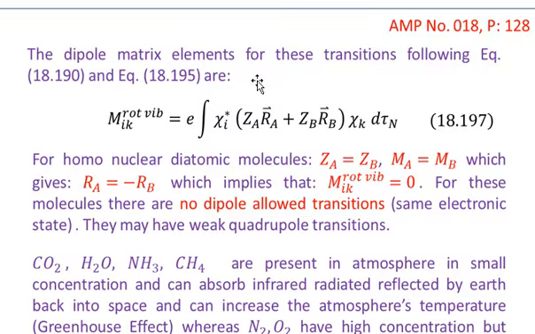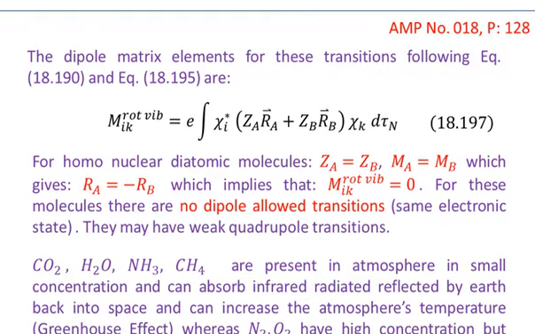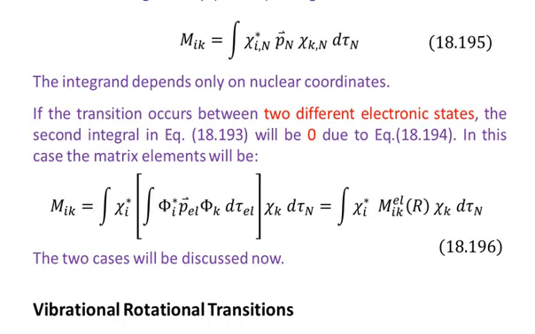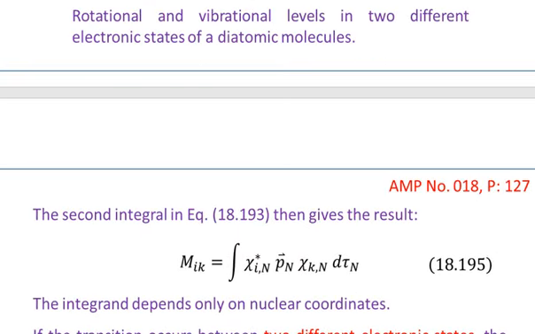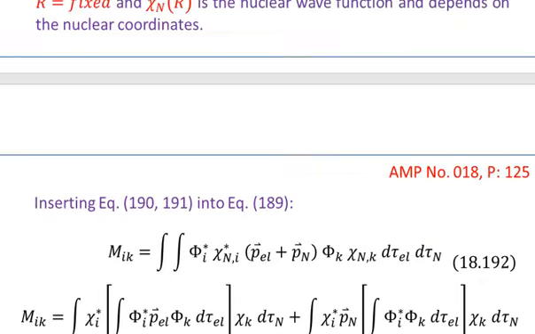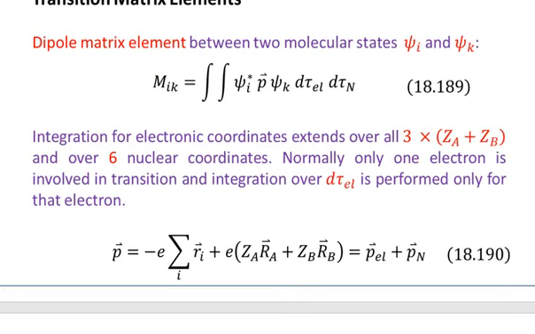The dipole matrix elements for these transitions, following equation number 190 and 195, are given by this. This is 195 and this is 190.